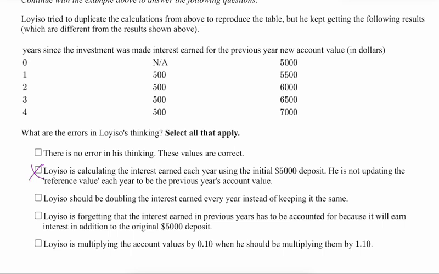No. He's forgetting that the interest earned in the previous years has to be accounted for because it will earn interest. That's true. And it's multiplying the account value by 0.10 and should multiply it by 1.10. Yes and no. It depends on how you want to think about it. You have to add it on each time.